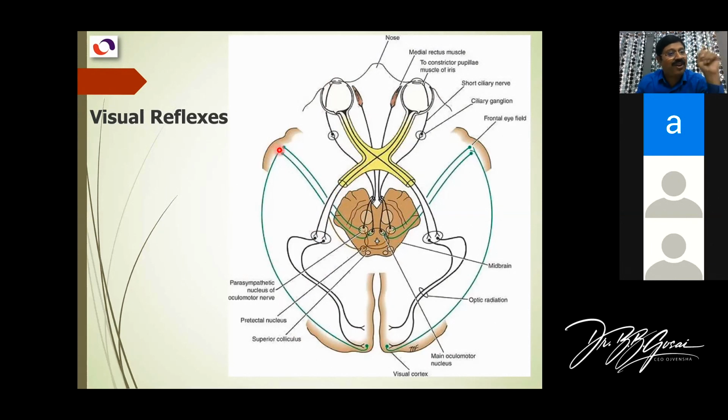They go to the frontal eye field, and then the frontal eye field fibers go to the same place, and the other eye also goes the same way up to the frontal eye field. Both oculomotor nuclei will ultimately project fibers to both medial rectus muscles.